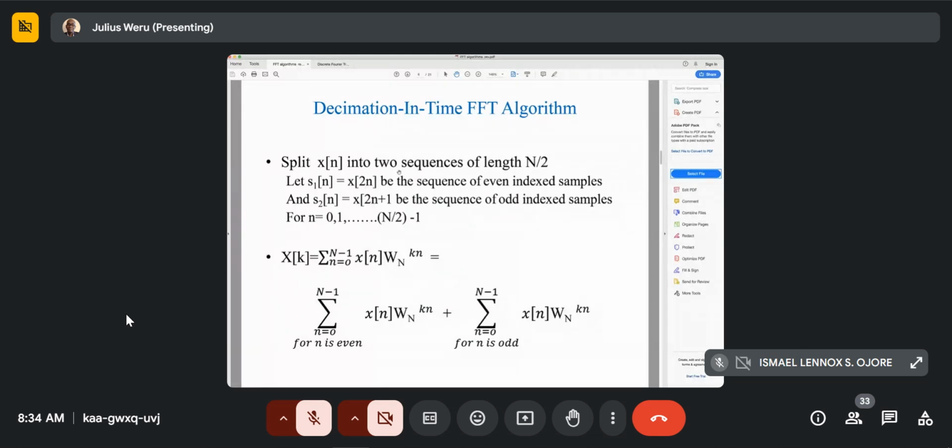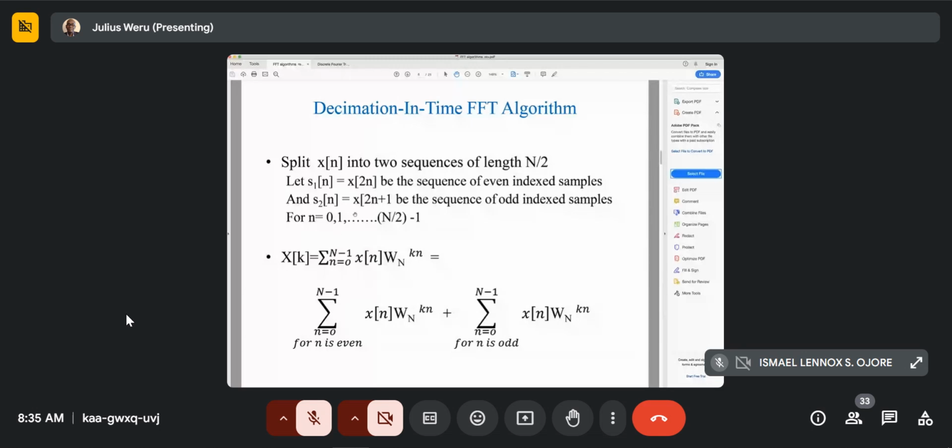So decimation means you split x of n into two sequences of length N by 2. If you are dealing with 16 samples, then N by 2 will mean you are going to deal with 8. If you are dealing with 1024, it means you're going to deal with 512.